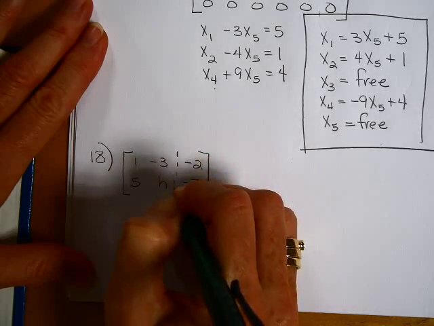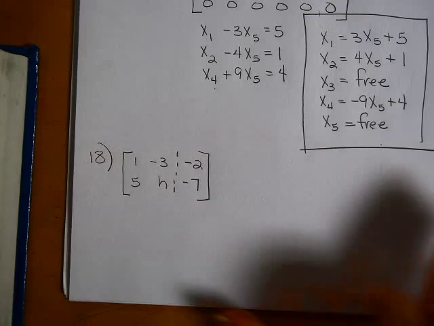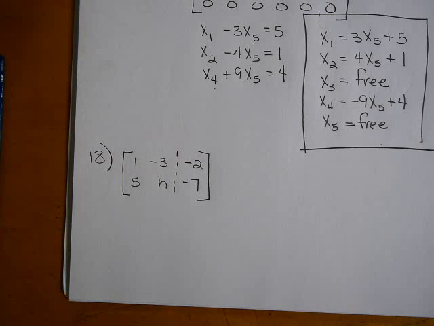This is augmented. Find the value or values of H so that the matrix is the augmented matrix of a consistent linear system. Am I on the right? Yeah, consistent. They just want it consistent.